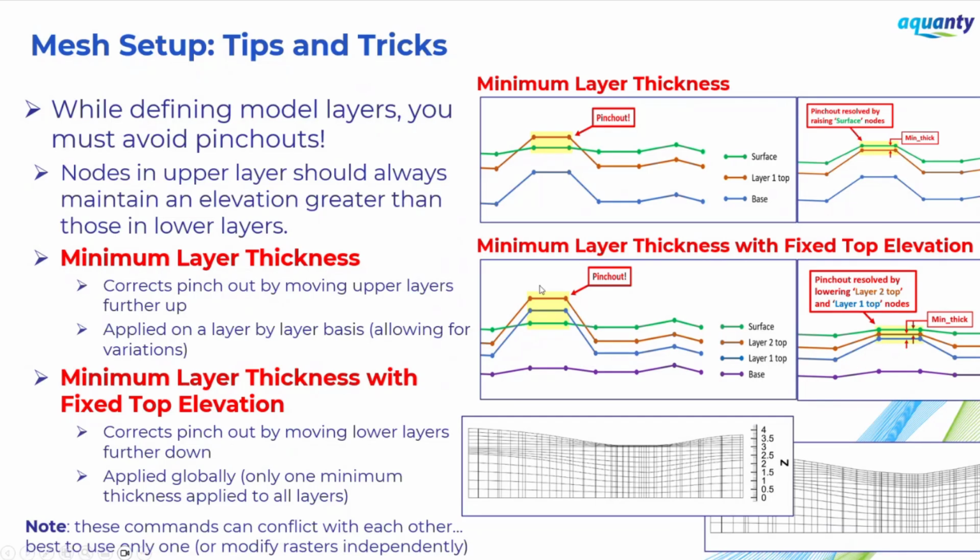So if there's an area like this where a lower raster intersects and goes above what should be an upper raster file, that's what we call a pinch out. The command minimum layer thickness with fixed top elevation will automatically fix that by pushing the lower raster elevations down by the suggested minimum thickness.